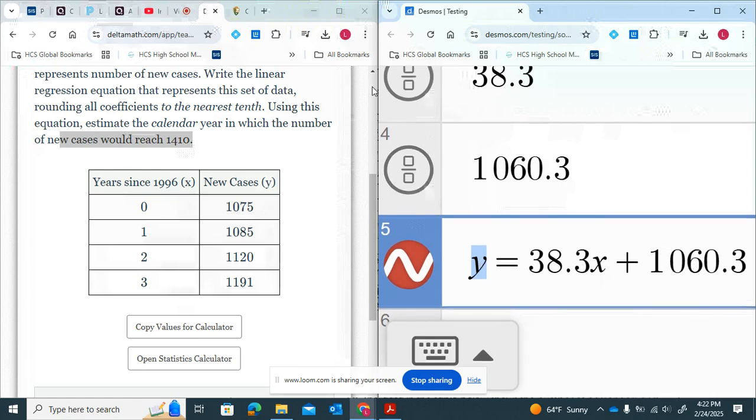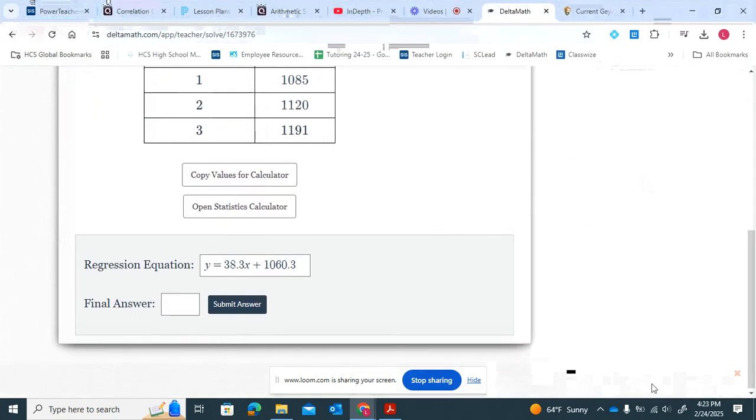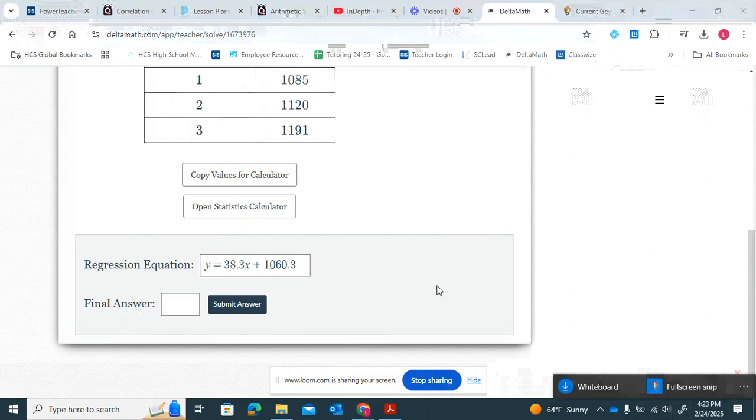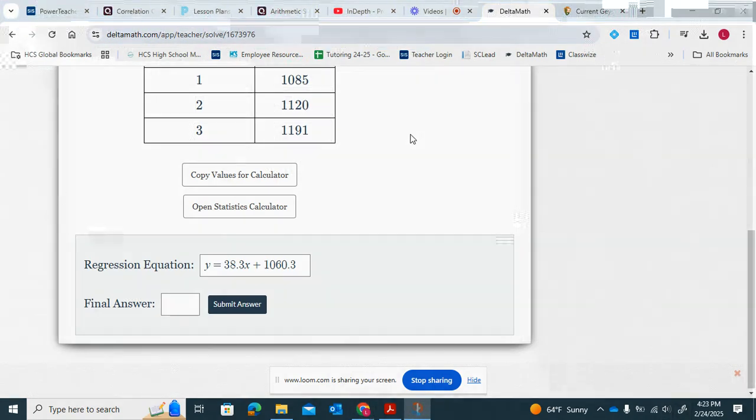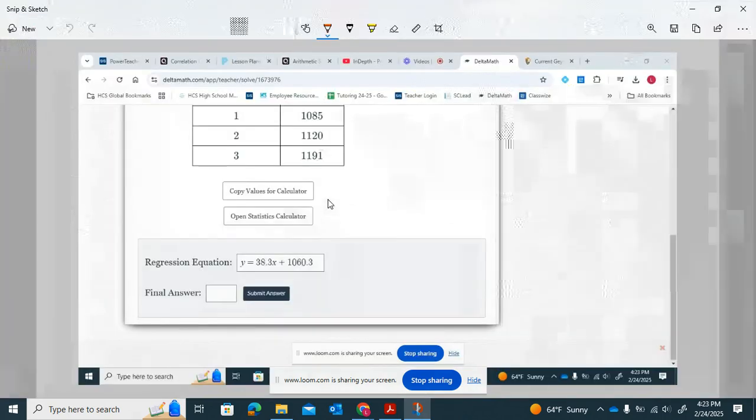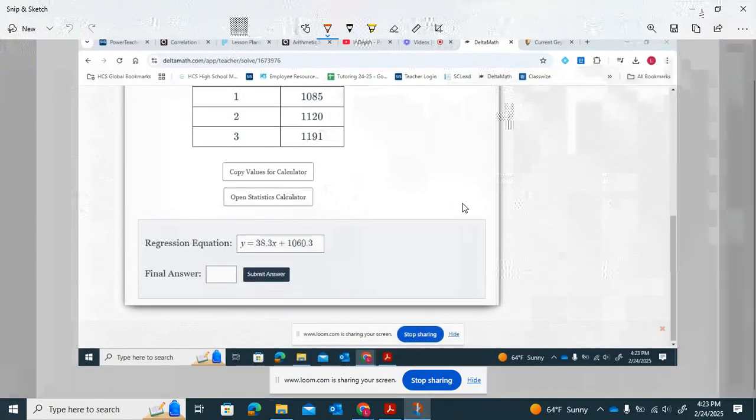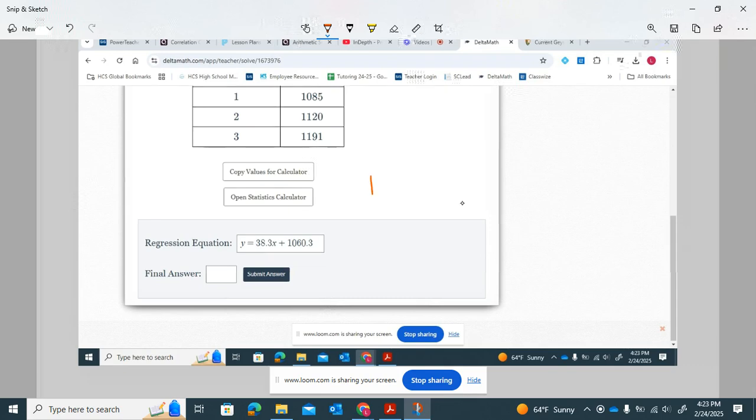And so this is what it would look like if you were to actually write this equation. This is going to require a little bit more math. You would have to plug in 1,410 for y. So I'm plugging that in for y.